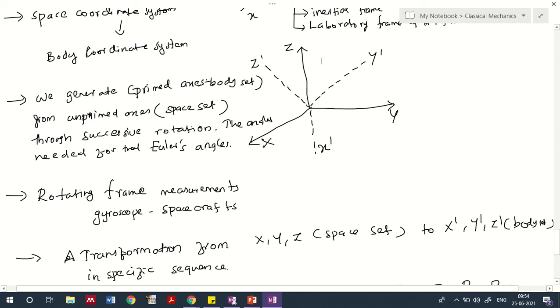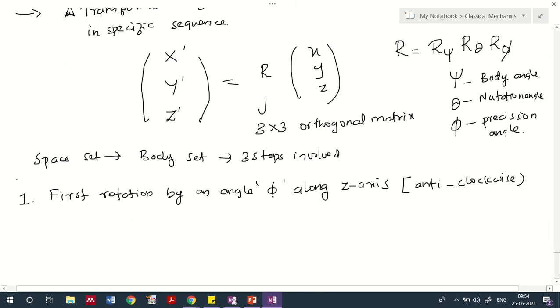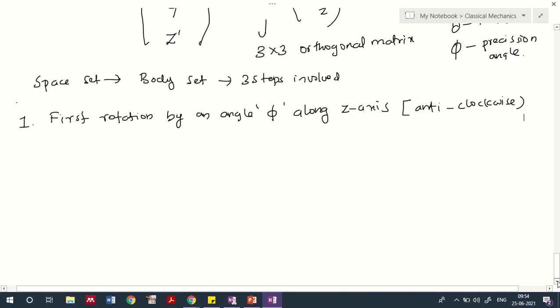So we take the first rotation by an angle phi along the z axis in the anti-clockwise direction. This is the first step in finding the Euler's angle representation.